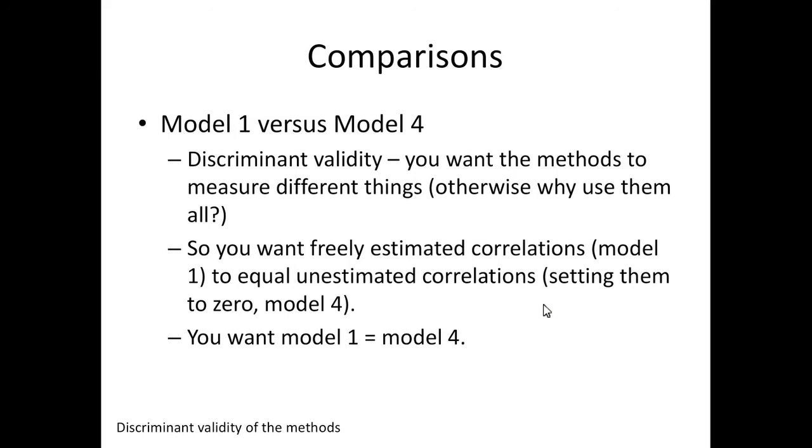So effectively, this is a test of the null hypothesis, right? If R between these two, the correlation, is 0. And we want it to be 0. Or something close to 0. So this allows for some variance, but we want it to be a small correlation, and this will tell us if that is effectively 0, which would be good, because that means that the methods measure different things.